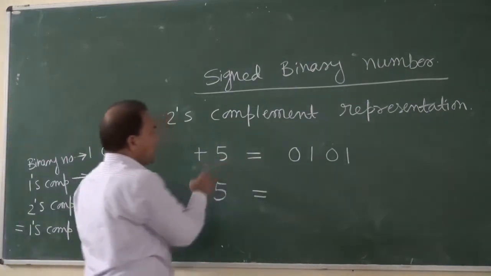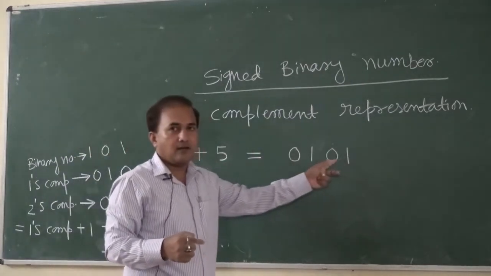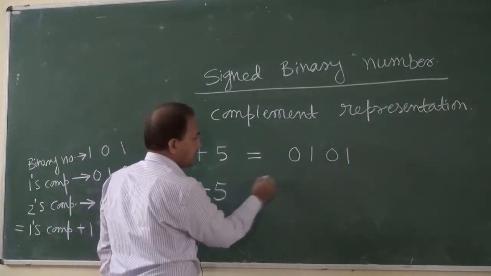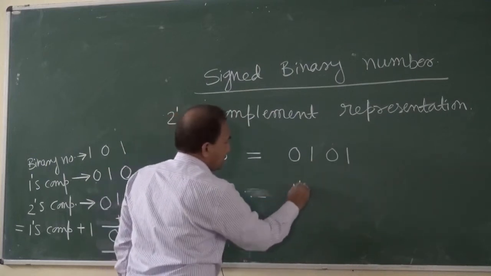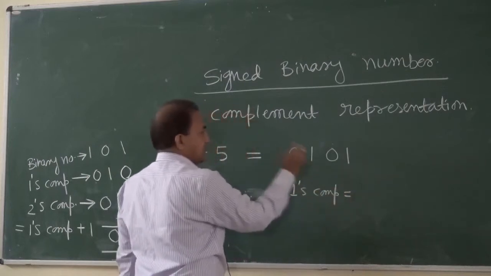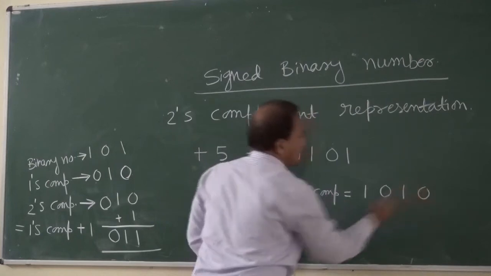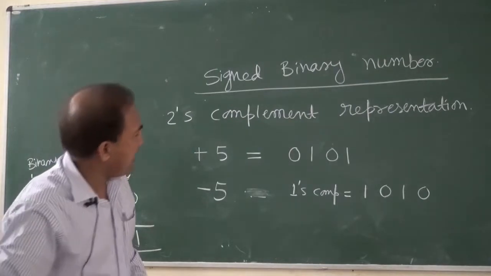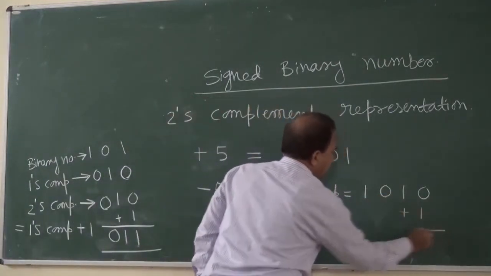So see, you have represented plus 5 like this, 0 1 0 1. First of all you have to find its one's complement. So the one's complement of this number is 1 0 1 0. Now you have to add 1 to the LSB.